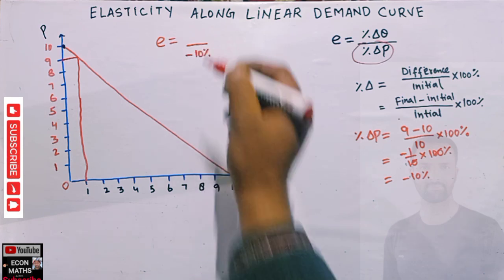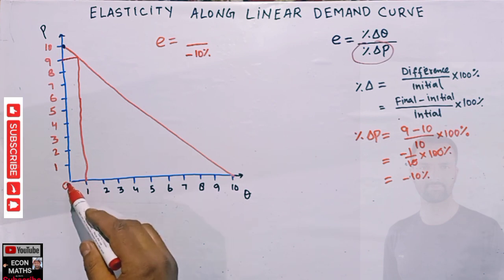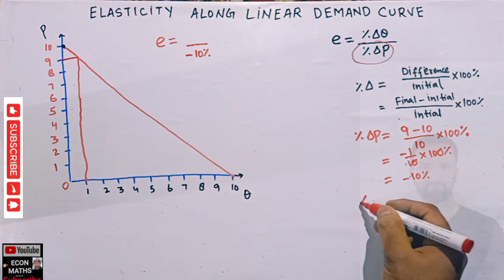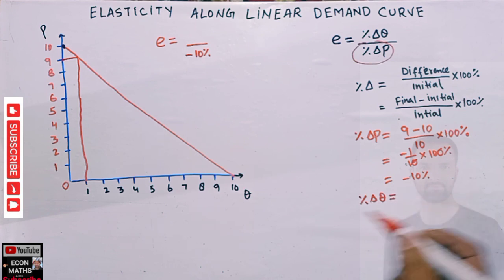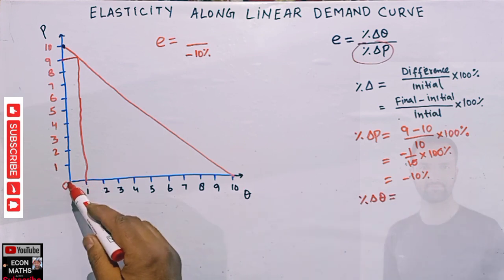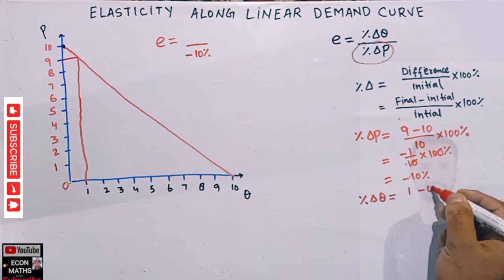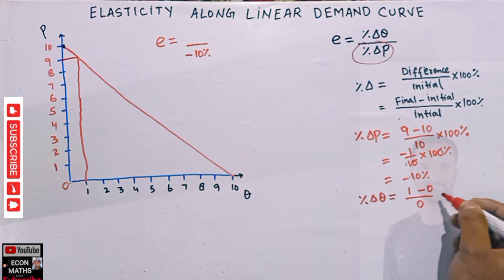what is the change in quantity demanded? Quantity demanded changes from 0 to 1. So what is the percentage change in quantity demanded? This is our final point, this is our initial point. That means 1 minus 0 upon initial point, which is 0, to this we multiply 100%.